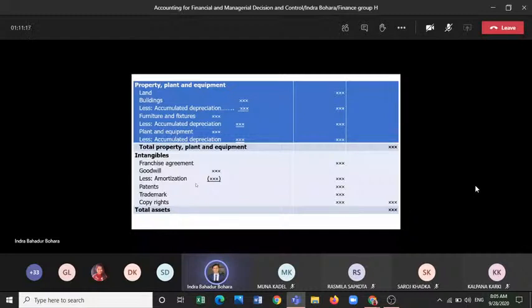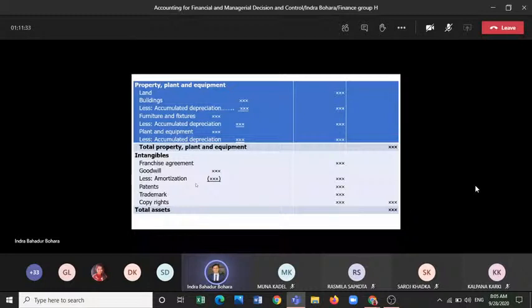I have given one example: goodwill less amortization. There may be patent less amortization, or goodwill written off, or amortization of trademark or copyright. At that time we deduct by the same process.